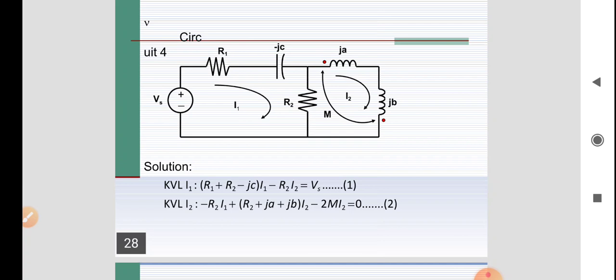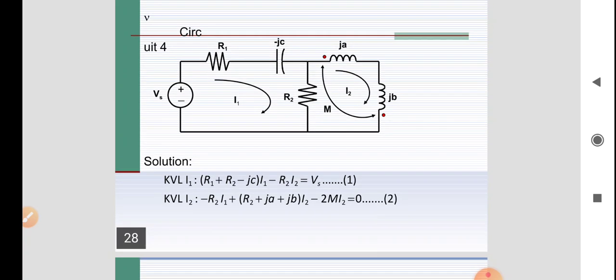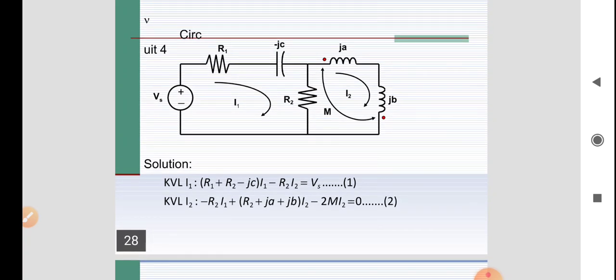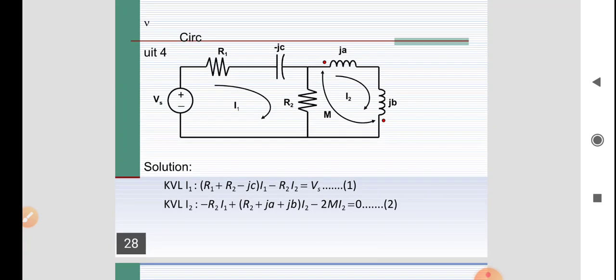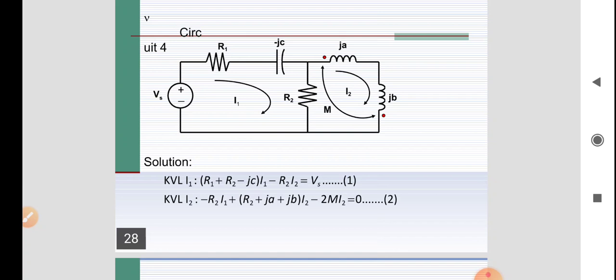Now let me write down the mutual inductance for first JA. The dot is present near to the JA, in that the current flowing is I2 current. The I2 current is flowing from dot to coil. So now we need to check for the opposite dot. There the current is flowing from coil to dot. Reference current is I2.